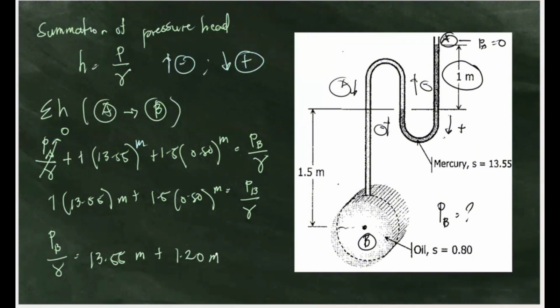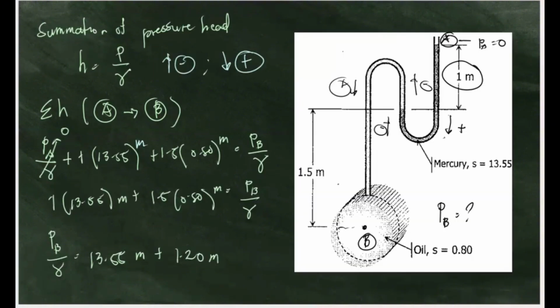So, ang sagot ay yung ating P sub B over gamma is equal to, balik tayo dito, 1.2 plus 30.2, that is 14.75 meters, no? Ito ay our pressure head. Kaya, naka-meters.